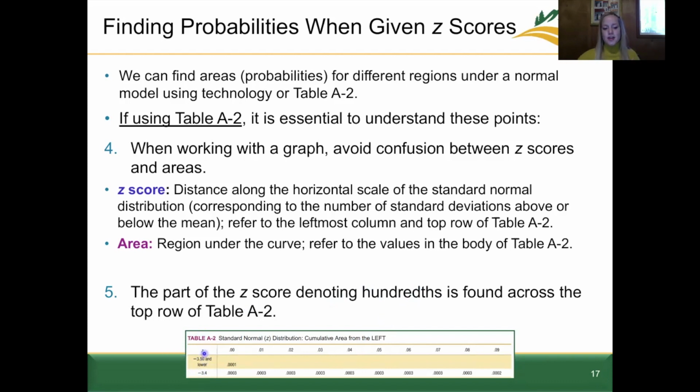So in this far left column, you're going to see some digit in the tenths place. Once you've located that, you're going to go across the top row to find the correct digit in the hundredths place. Remember for decimals, you could have 1.57, where the 5 would be in the tenths place, the 7 would be in the hundredths place.